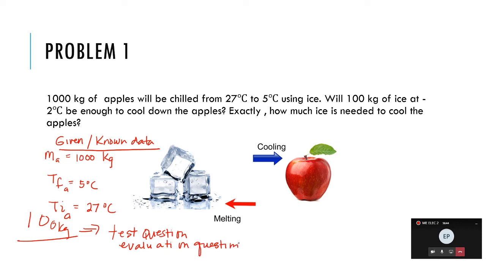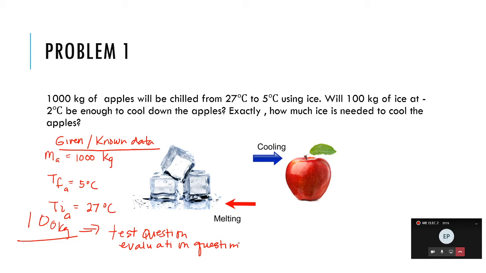Meaning, after you have calculated the amount of ice needed to cool down the 1,000 kilogram of apples from 27 degrees centigrade as the initial temperature to 5 degrees centigrade as the final temperature, is it enough? If you are using 100 kilogram, is it enough or not?